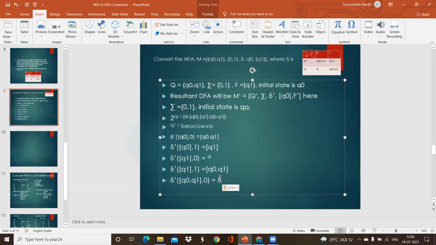So check the transition from state Q0 on input symbol 0, then take the union with Q1 on 0.